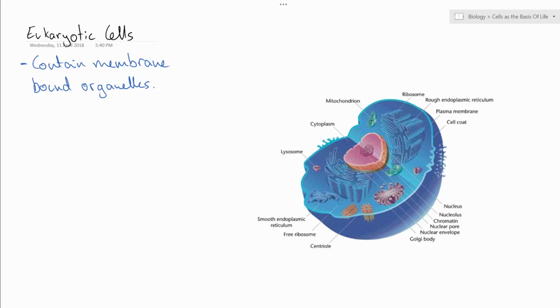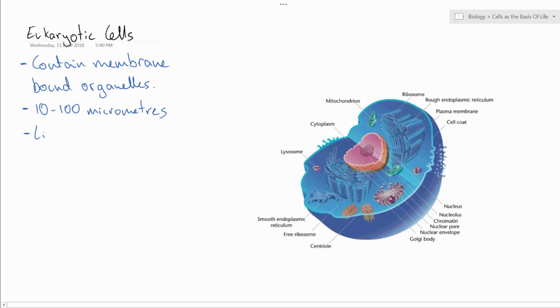We also see eukaryotic cells size-wise being between about 10 and 100 micrometers, with 100 micrometer cells being things like mesophyll cells in plants. They're really big photosynthesizing cells. They have linear DNA and also are usually part of multicellular organisms.